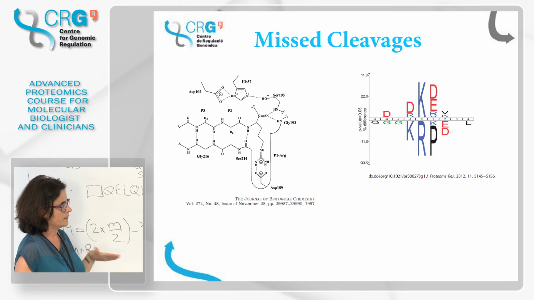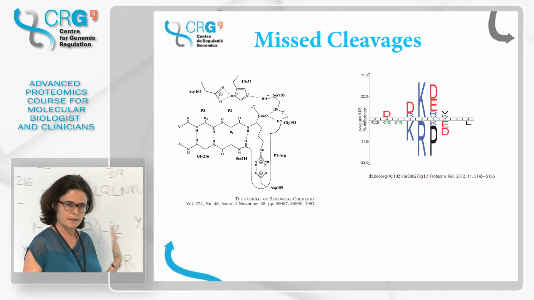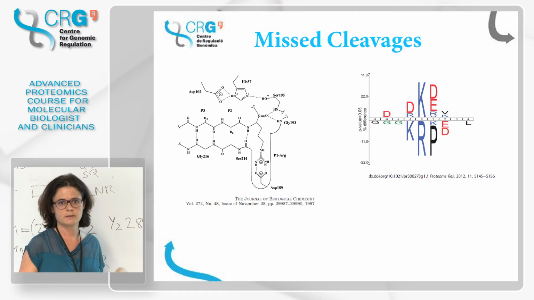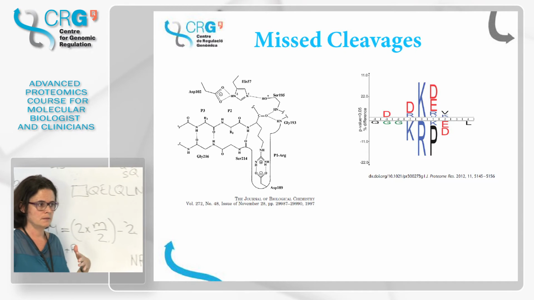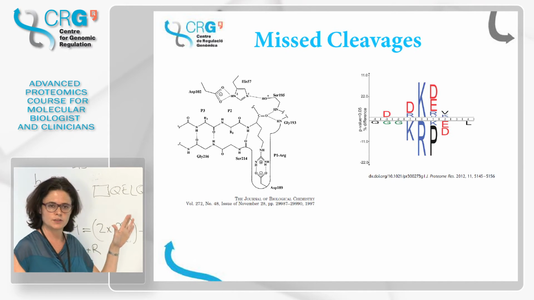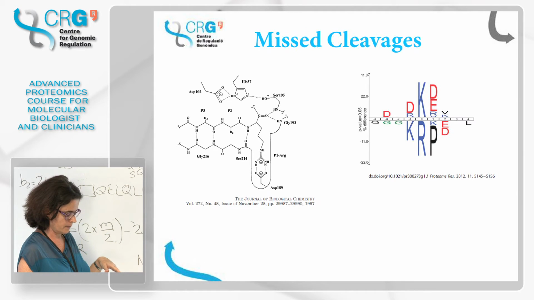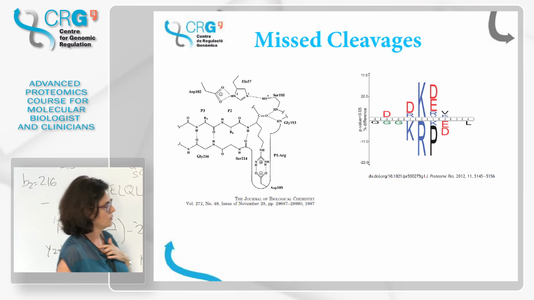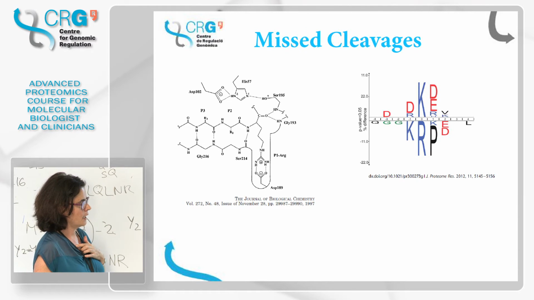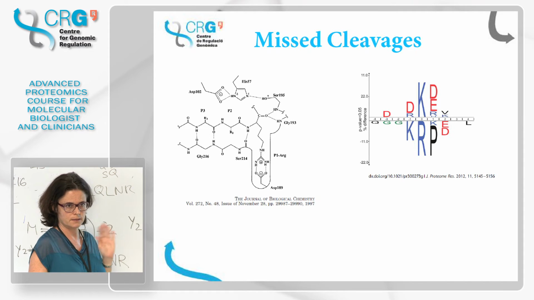But trypsin, as I told you before, is very efficient, but it's not perfect. So sometimes trypsin forgets a position and it does not cut, although it should have cut. This is a representation of the most typical miscleavage positions. Of course, when the next residue is proline, it does not cut, so it's not supposed to cut after K-P or R-P.